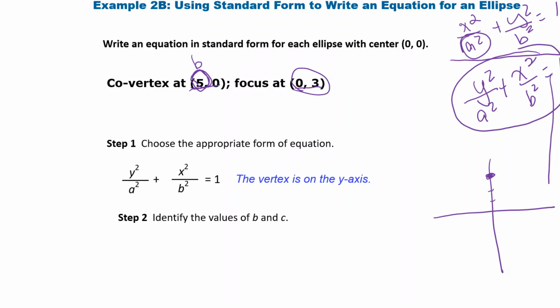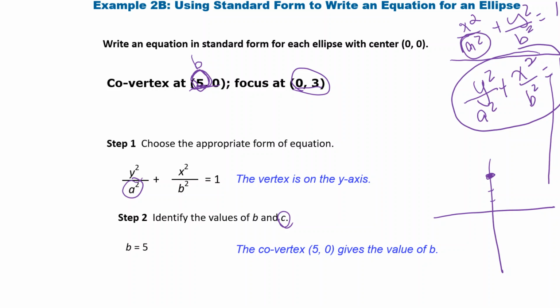So let's identify b and c. b is going to be 5, because the covertex gives us the value of b. Now how are we going to find a? What we need is a, but I have c, which is the foci.